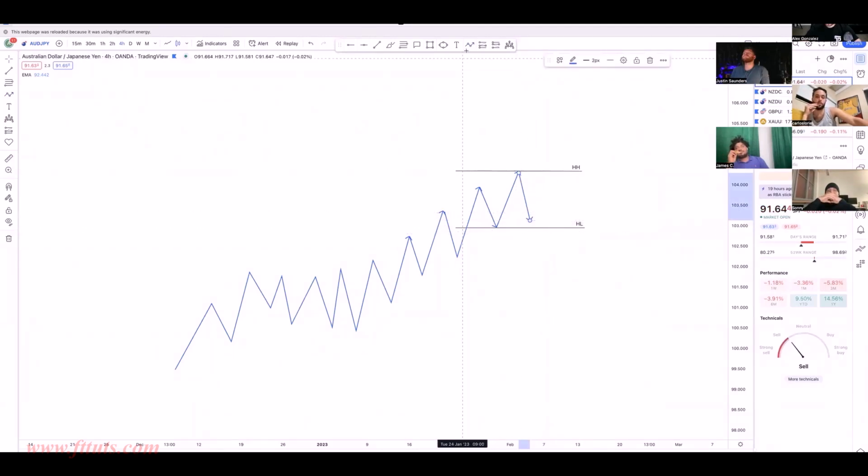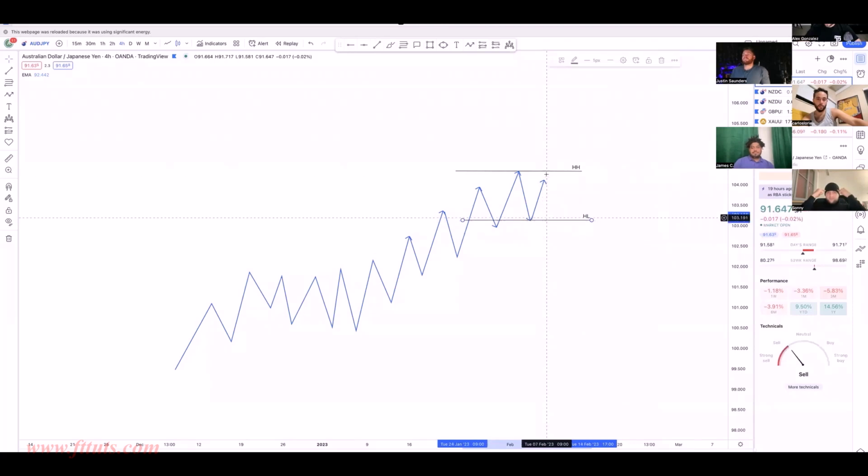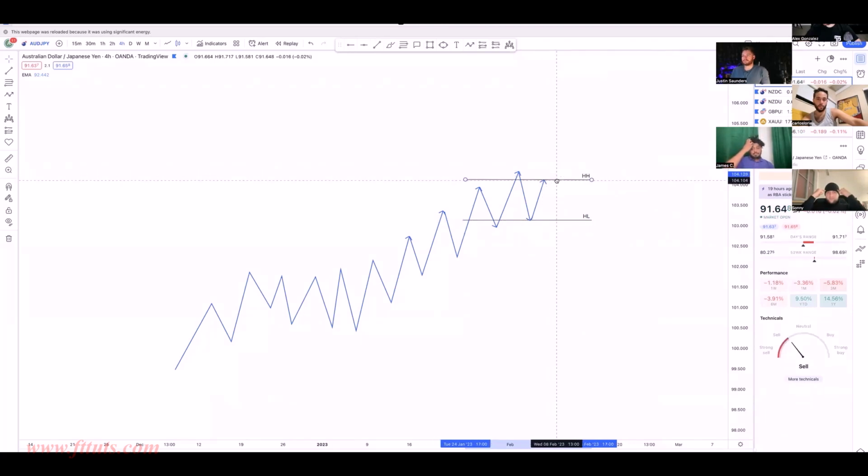We're just having a pullback. All right, what is this point right here? Same thing. Okay, correct. Nothing. You sure this doesn't go as the higher low and then this as the higher high? Makes no sense, because we haven't done a higher high, so there's no higher low.